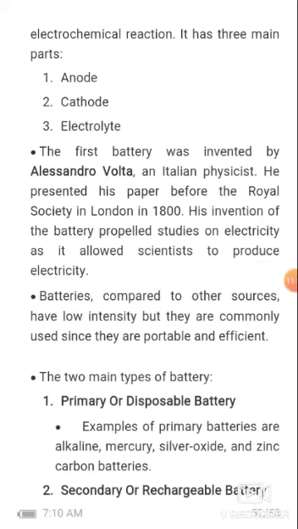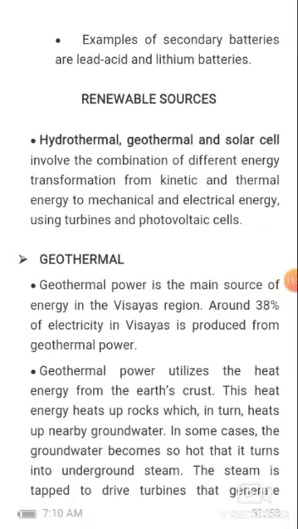The two main types of battery are primary or disposable battery. The examples of primary batteries are alkaline, mercury, silver oxide, and zinc carbon batteries. Secondary or rechargeable battery. Examples of secondary batteries are lead acid and lithium batteries.